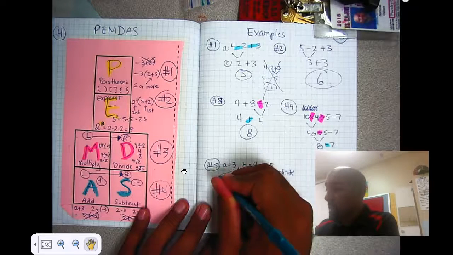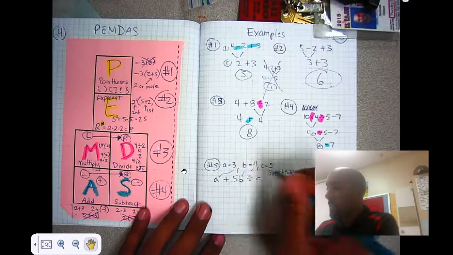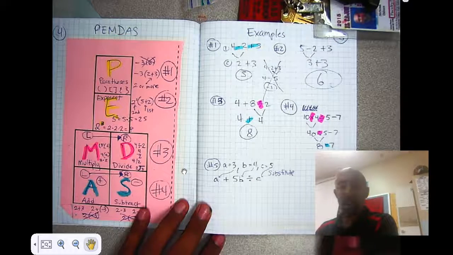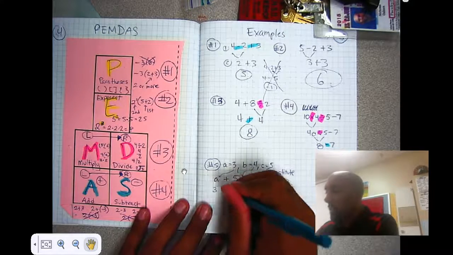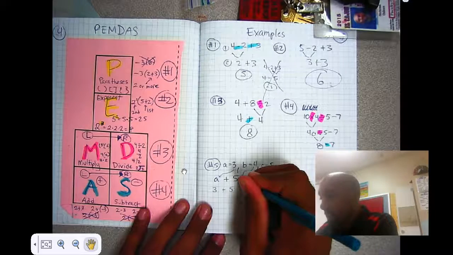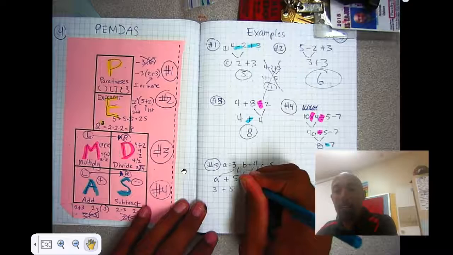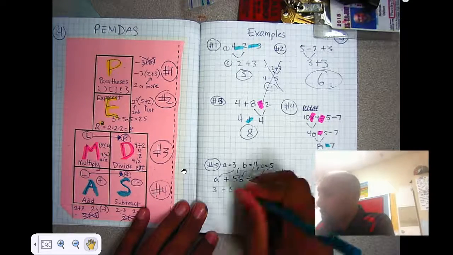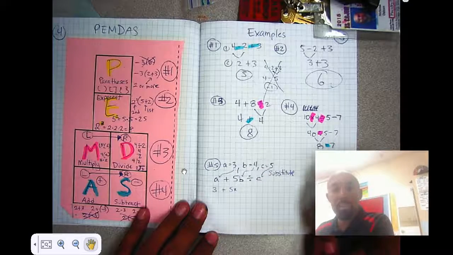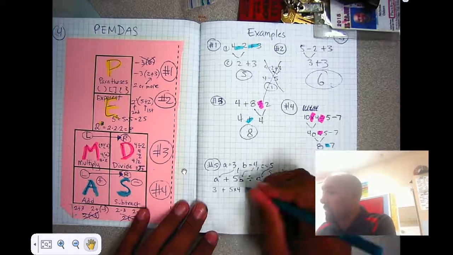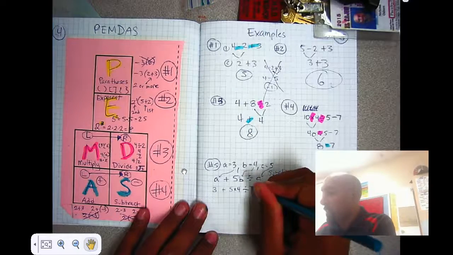So 3 goes here, 4 goes here, because B equals 4, and C is equal to 5. So now it's going to be 3 plus 5 multiply, because remember, if there's nothing between the number and the letter, you know it's multiply. So 3 plus 5 times 4, divide by 5.